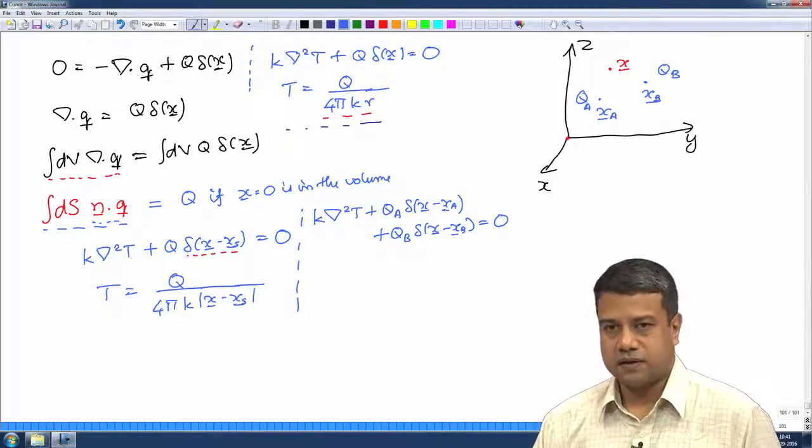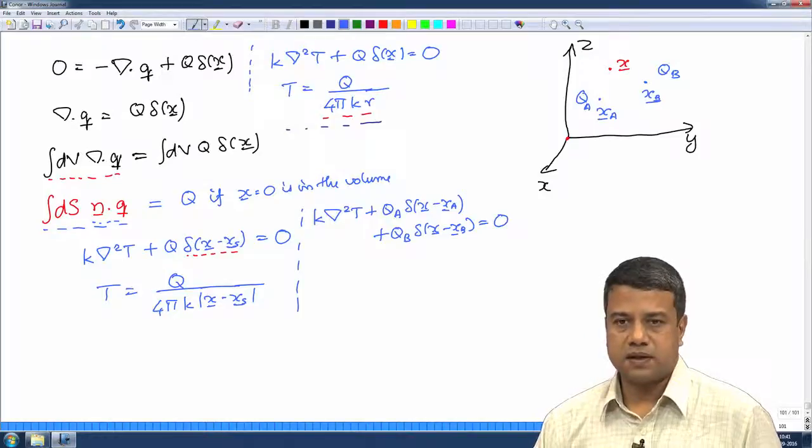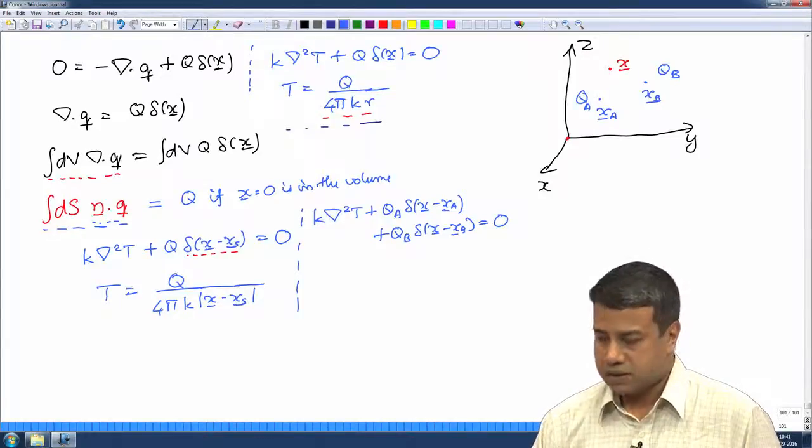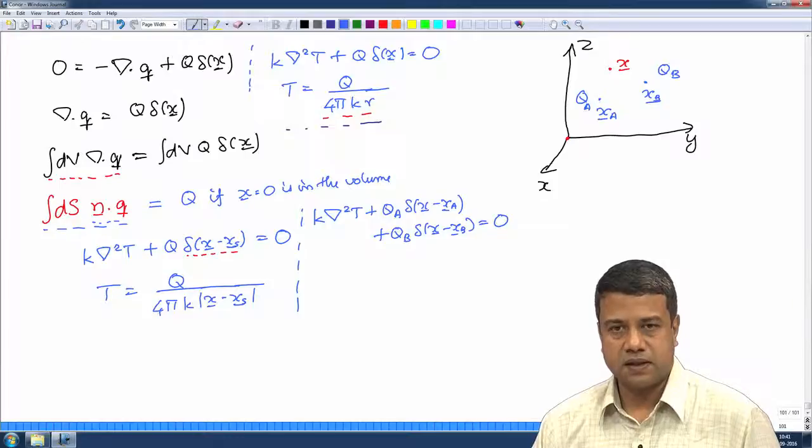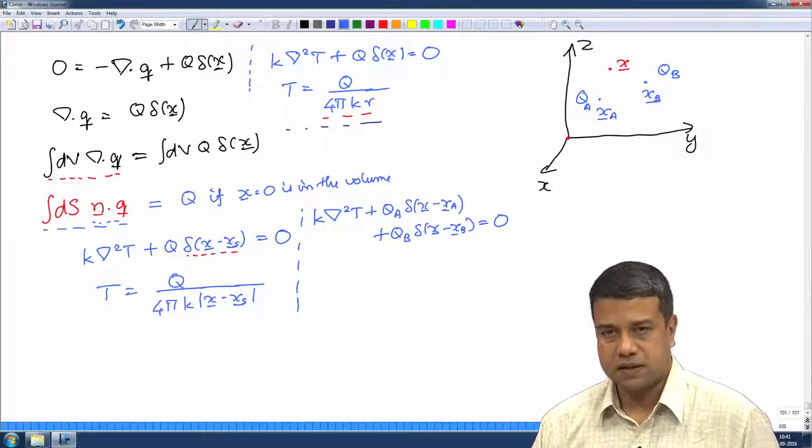Now, how do I solve that? I could write this as the sum of two problems. One is due to the source at the location x a, the other is due to the source at the location x b.